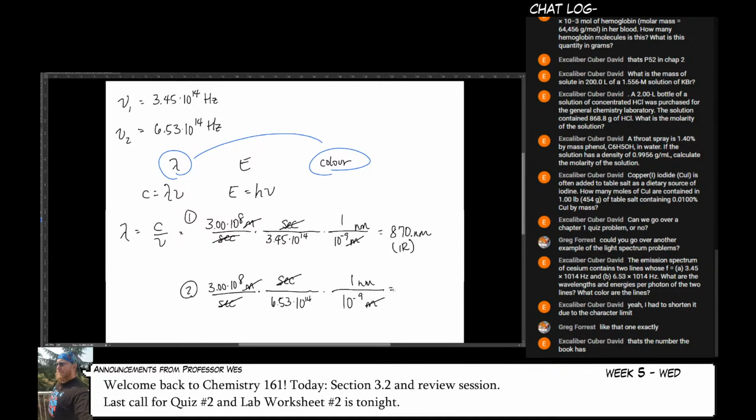All right. So what wavelength will this be? This will be a smaller wavelength, and it will fall in the visible range probably. So 3E8 divided by 6.53 times 10 to the 14 times 1 times 10 to the minus 9. 459. This one's visible.